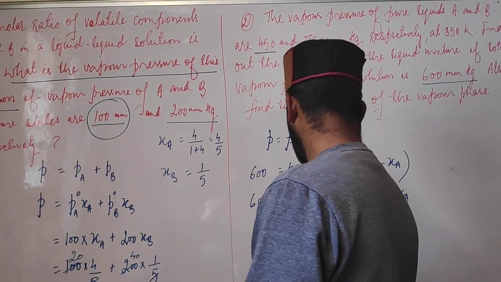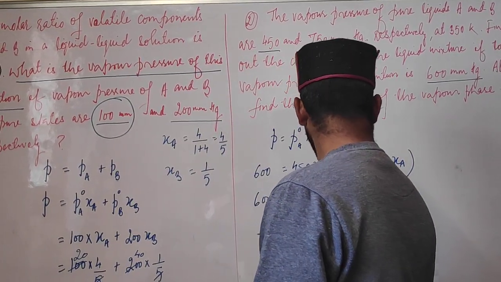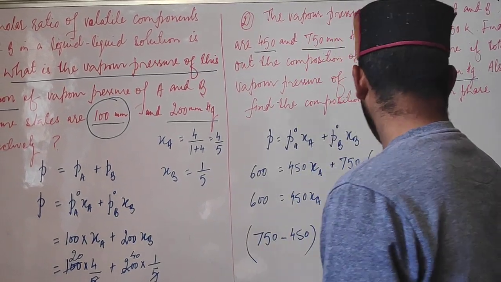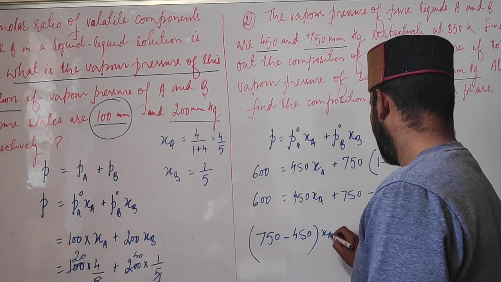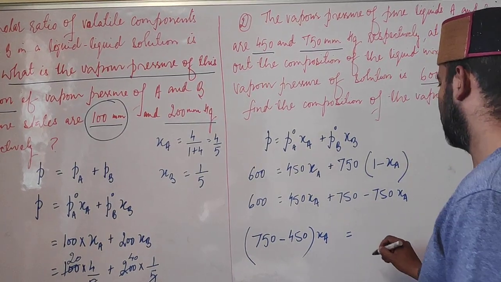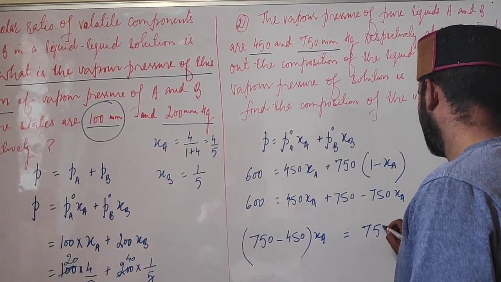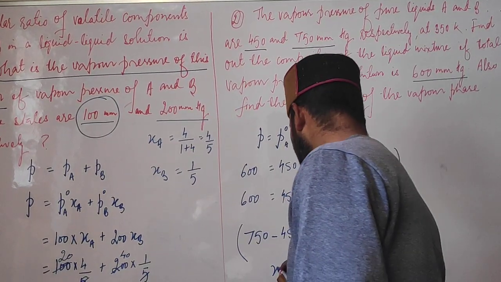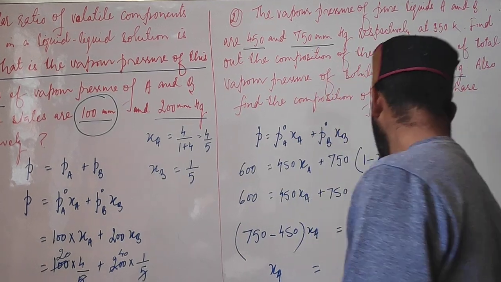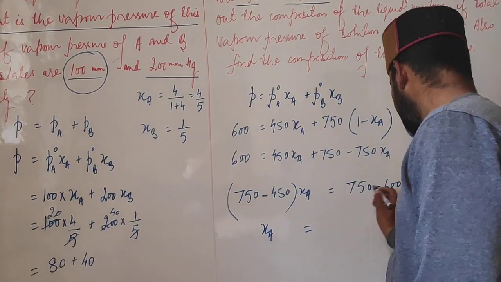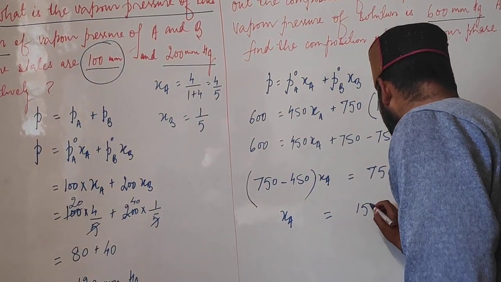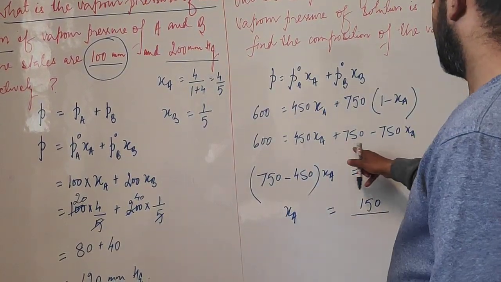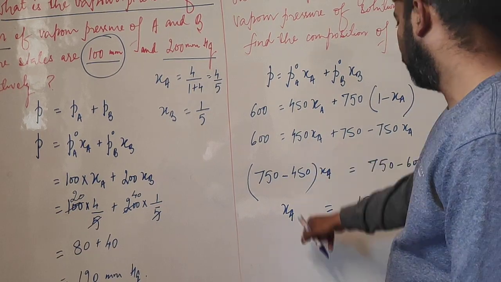So students, from this we find that (750 minus 450) x A is equal to 750 minus 600. So from this we can find the mole fraction. 750 minus 600 is 150, divided by 750 minus 450.